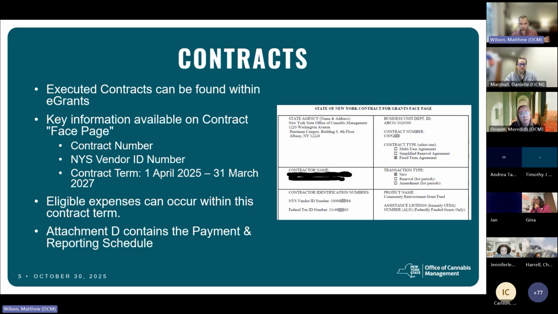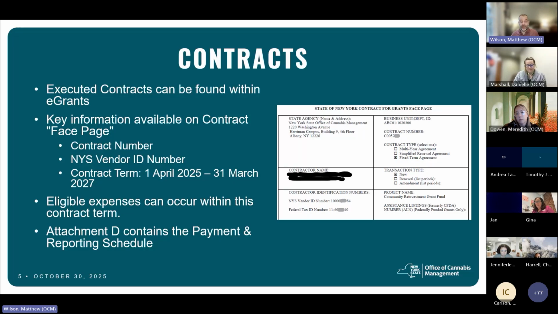The contract term started, backdated, on April 1st and runs through the 31st of March 2027. So this is the period of time in which eligible expenses can occur. And we've already had a number of questions about whether you are allowed to be reimbursed for expenses back to April 1.